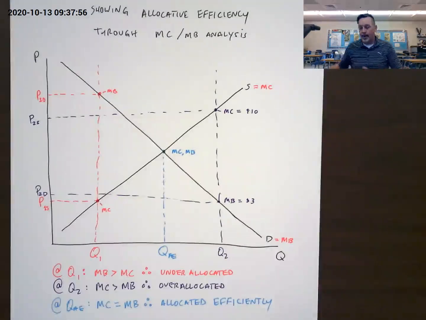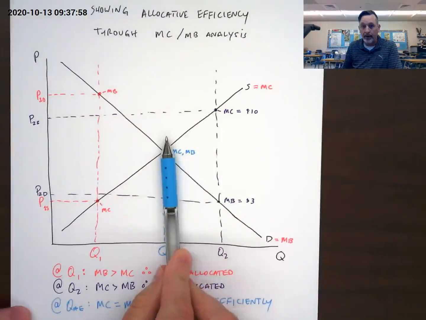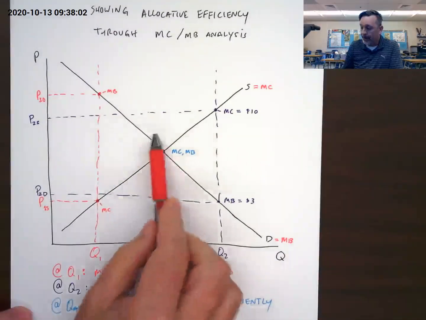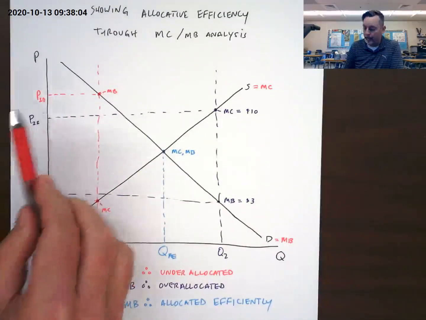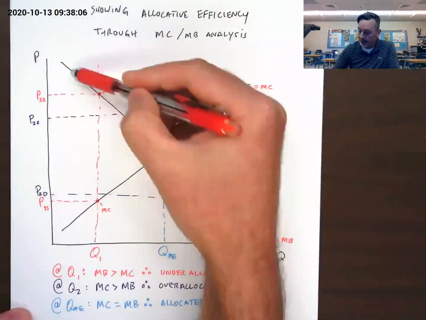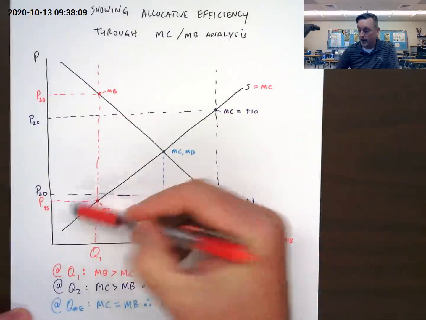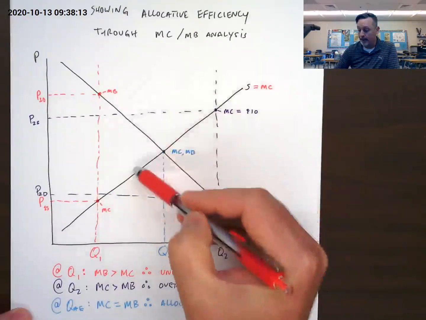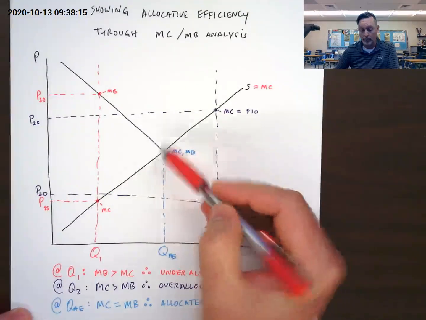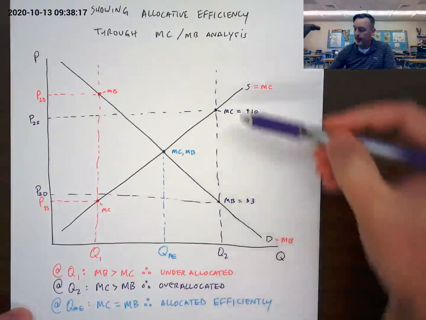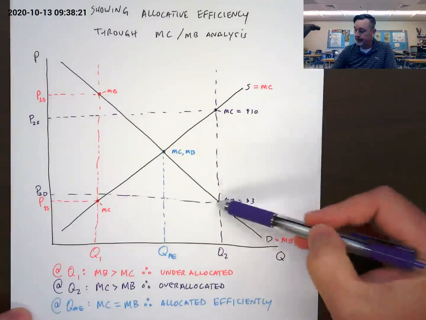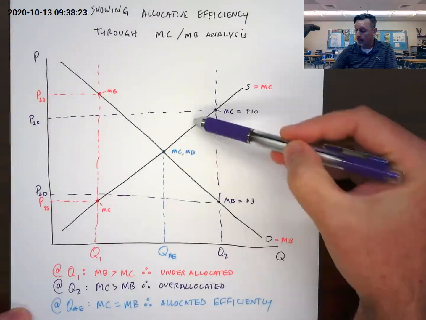Another way you can think about it is we can see pretty clearly that for every unit that we see to the left of our equilibrium, the benefit is going to exceed the cost. We want more. Benefit exceeds cost. For every unit we see to the right of equilibrium, cost exceeds benefit. We want less. Cost exceeds benefit.